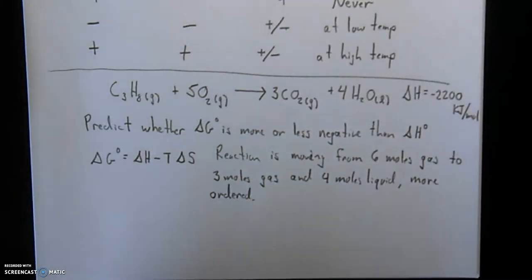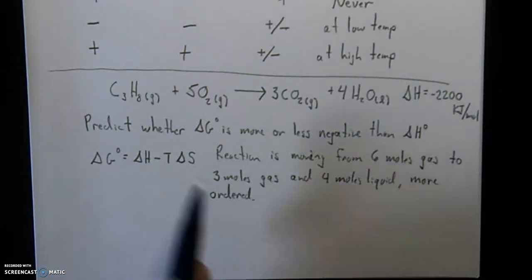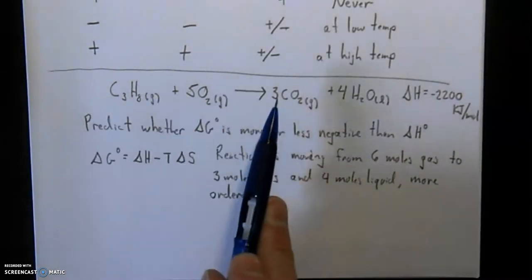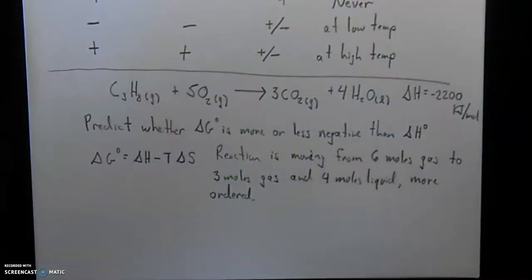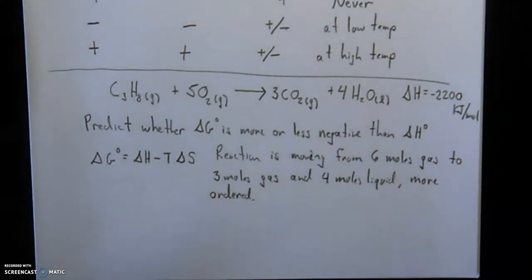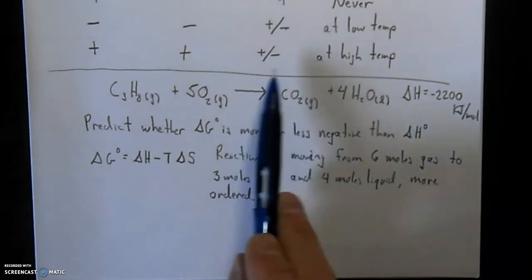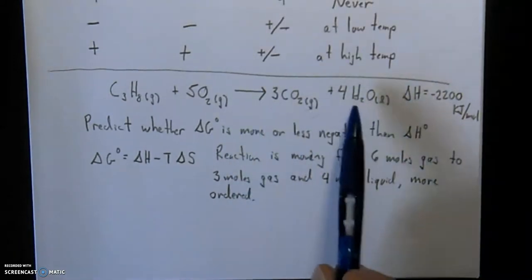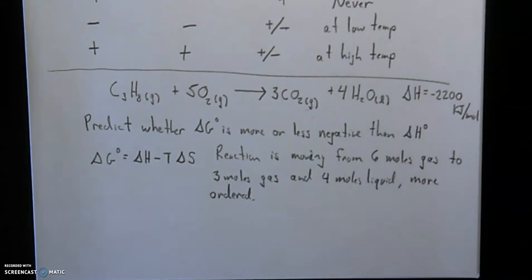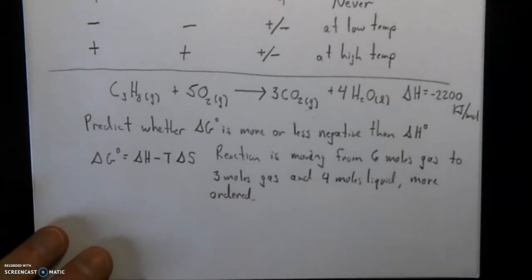We had 6 moles of gas, now we only have 3. Gases are much more disorganized, so it's becoming more ordered. We have fewer disordered gases, and we're also gaining liquid, which is much more ordered. So that tells us the reaction is becoming more ordered.